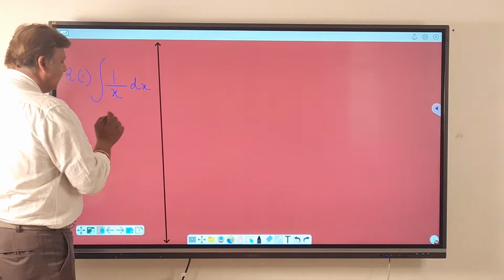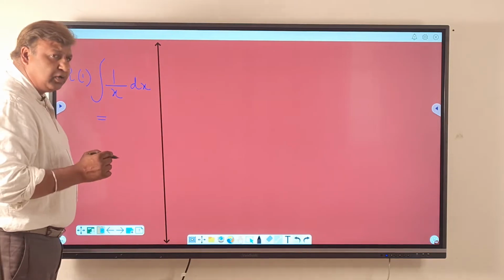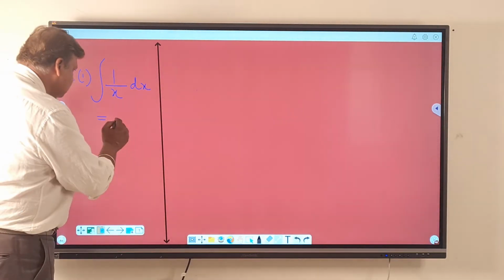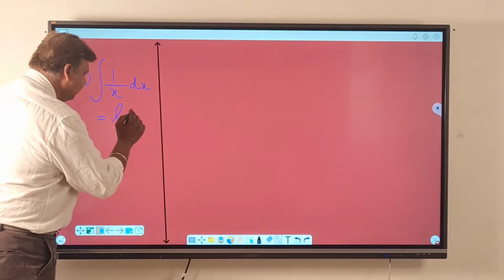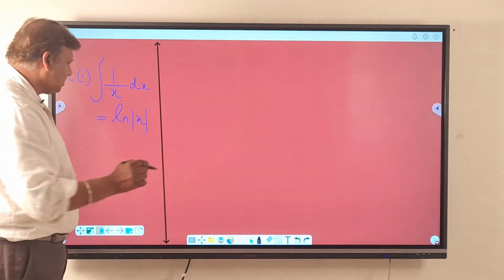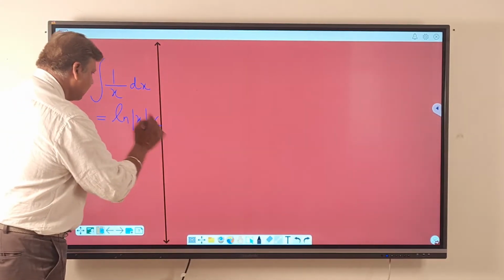You have to remember that the function whose derivative is 1 by x is ln of x. In fact, mod x has to come, because x has to be taken as positive only, plus c.